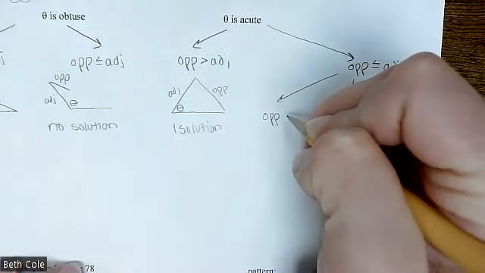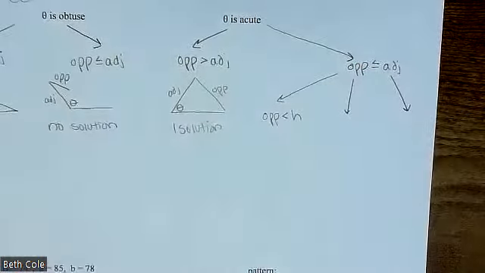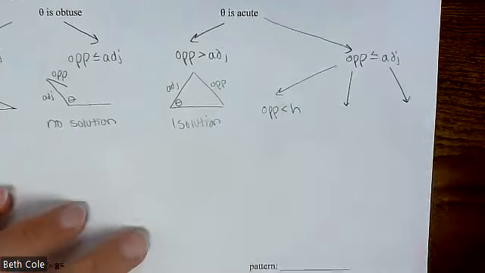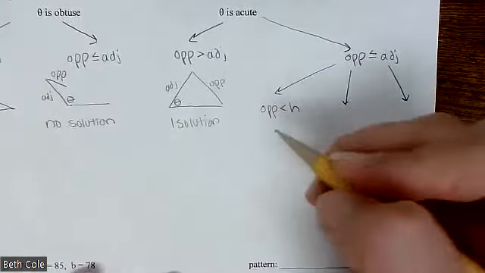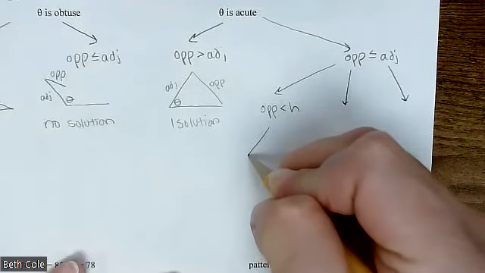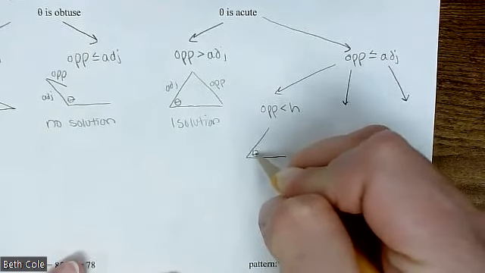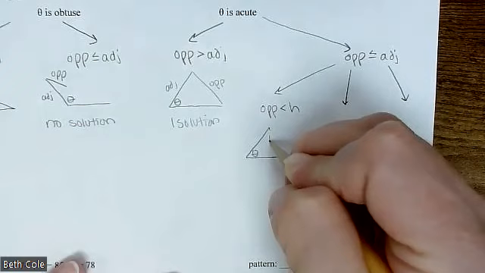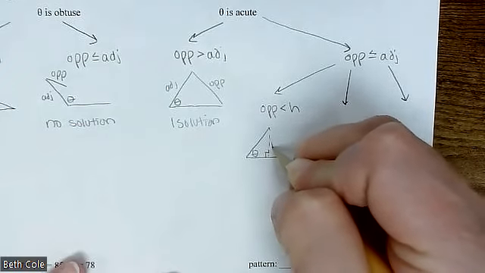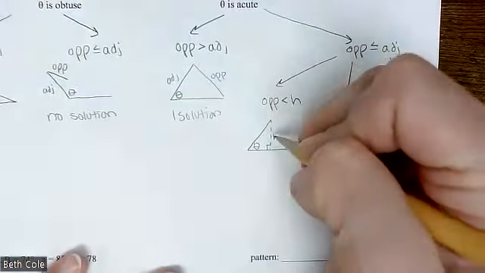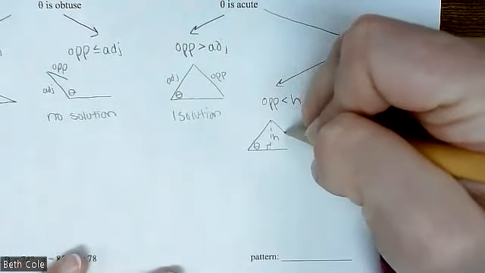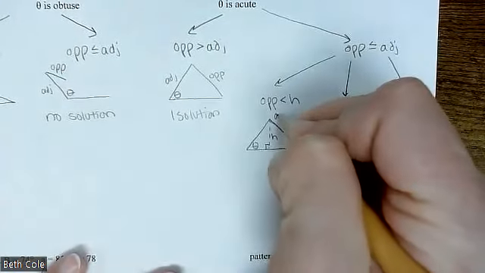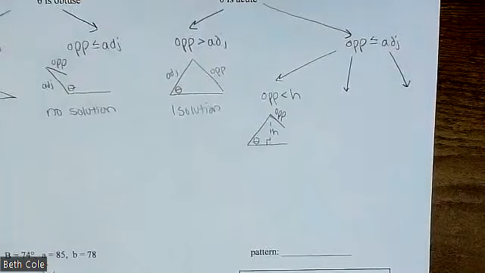So for the first version, the opposite side is smaller than the height. And again, I'm going to draw you a picture so you can see what it looks like. This would be your acute angle. If you drop down the height to make that right triangle, that's H in there for your height. If your opposite side is smaller than the height, what happened or failed to happen?